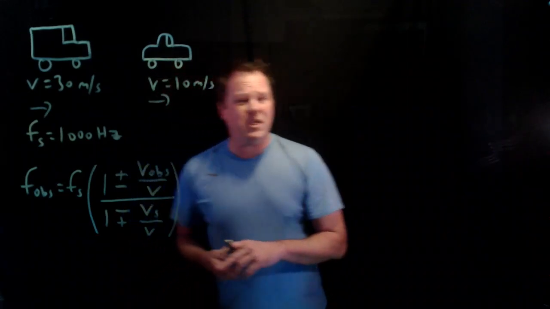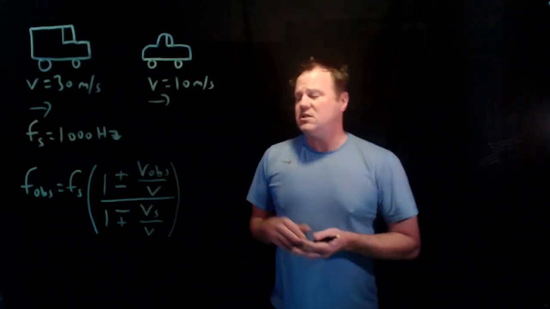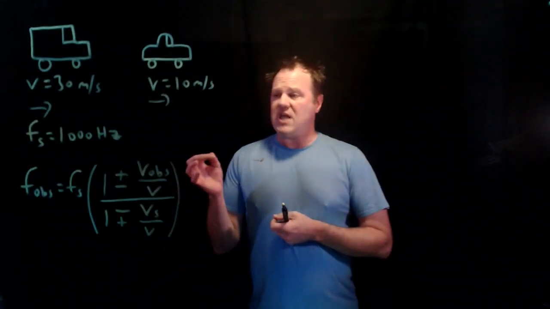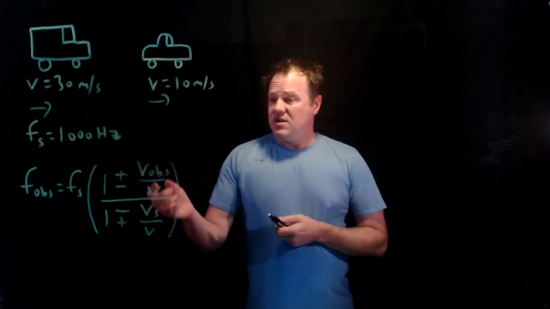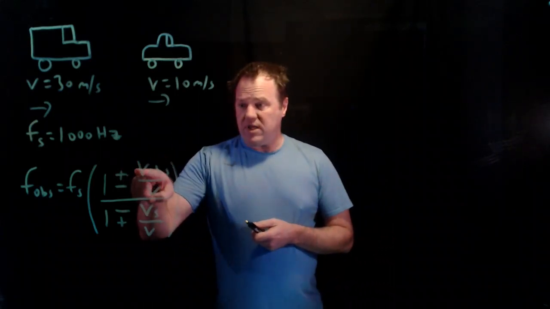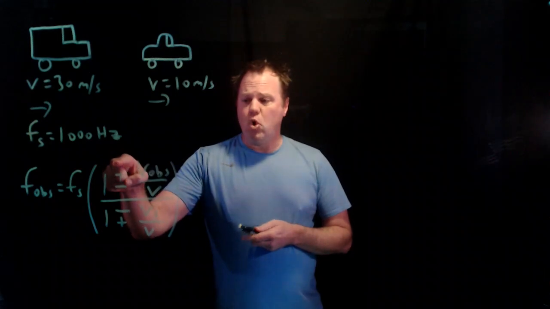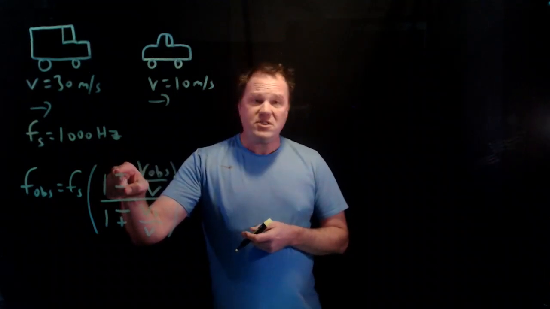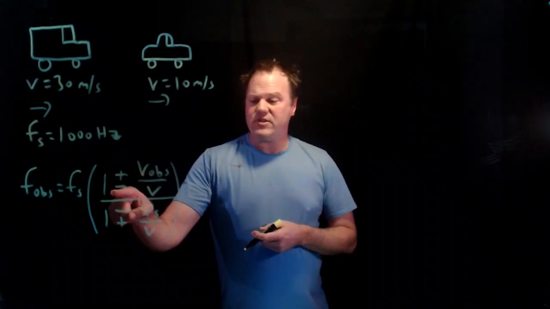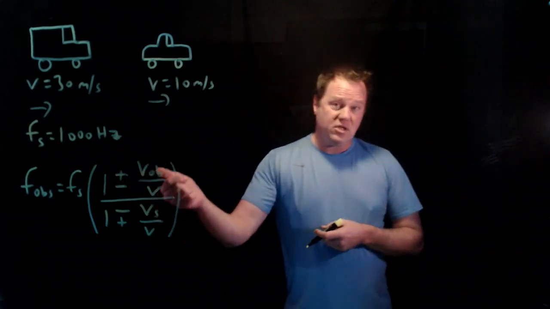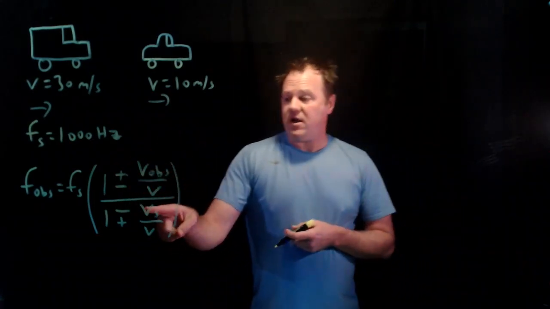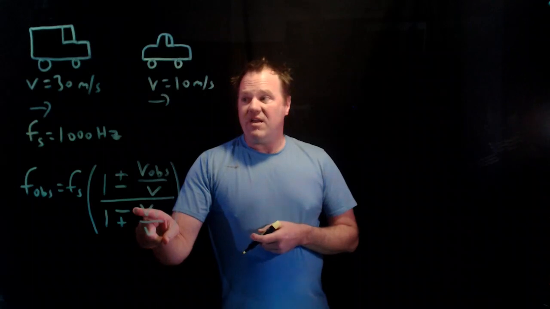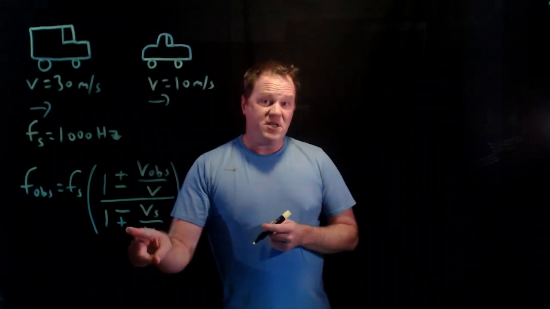The only really tricky part of this is dealing with the signs. So the plus and minus here is towards and away. Positive if it's towards, negative if it's away. And then the sign convention gets flipped for the denominator. It's negative if it's towards and positive if it's away.